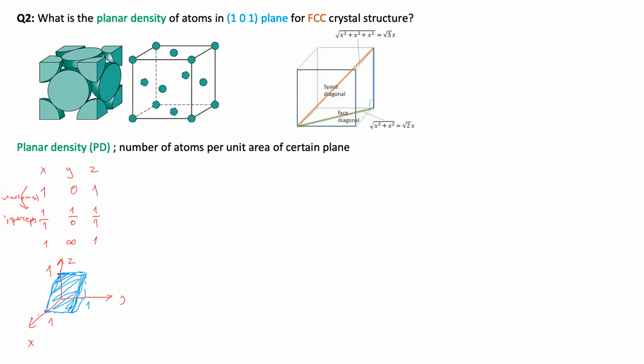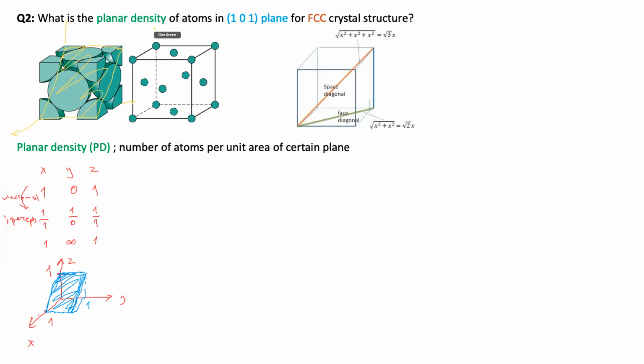Now let's try to transfer it to our unit cell. I will try to plot it on the figures here too. So it will be like this. You can also imagine the axis. So the plane will be this one. How about here?